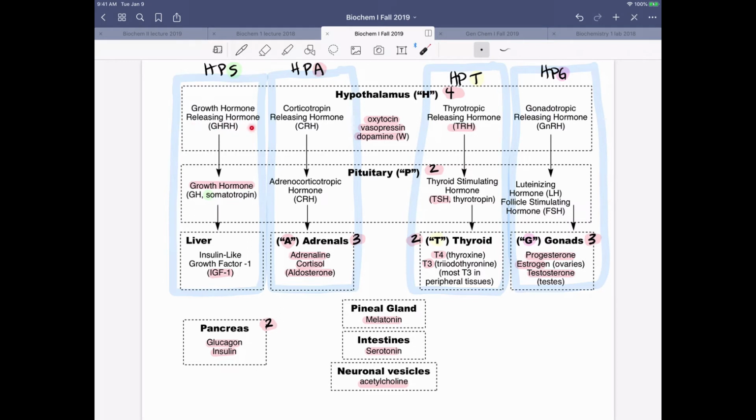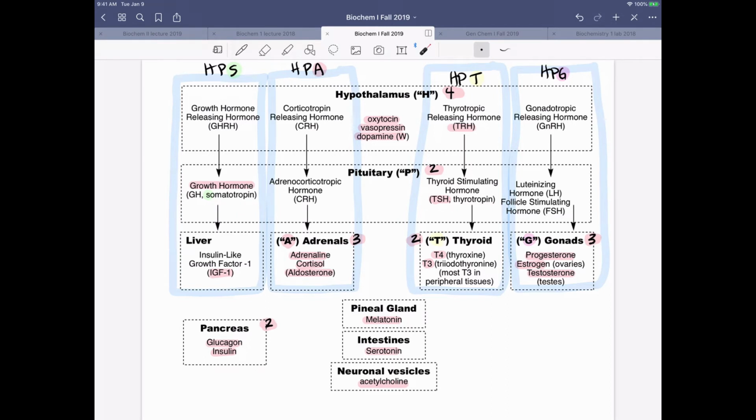One of the things we'll talk about is a way to remember the different kinds of hormones. Again, I'm not going to ask you to think about these in this way for your fundamentals quiz, but for your exam, I am going to ask you to think about these different axes.